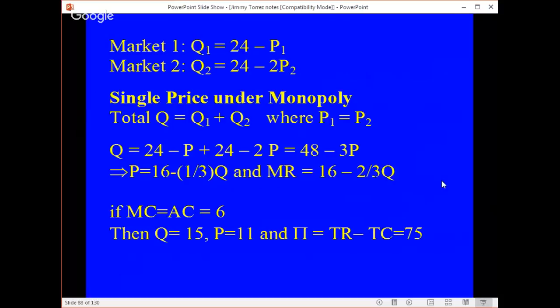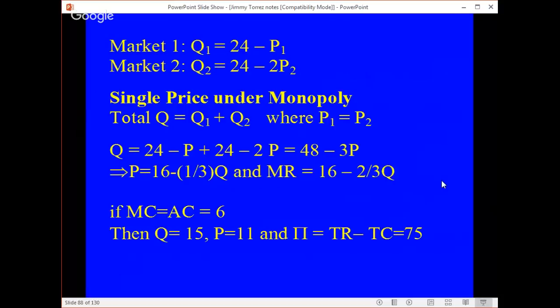That's the quantity for all the markets for both groups. So the inverse demand is going to equal 16 minus 1/3 Q. And of course, I multiply by Q, take the derivative and get marginal revenue, which equals 16 minus 2/3 Q.